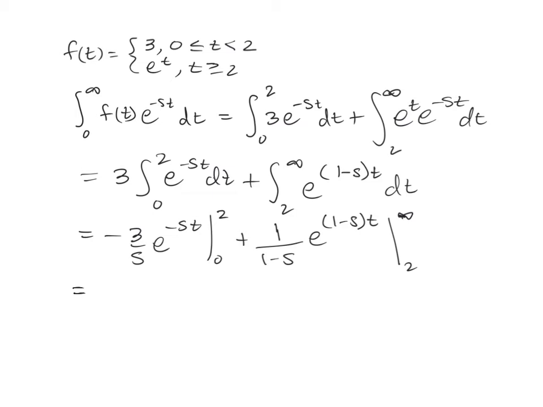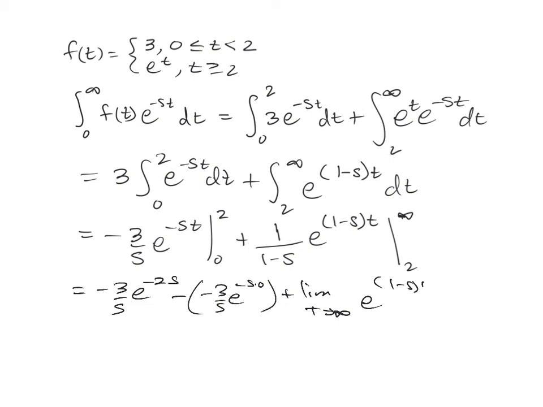So that's going to be negative 3 over s, e to negative 2s, minus negative 3 over s, e to negative s times 0. Back here, this is a limit. Limit as capital T goes to infinity of e to the 1 minus s times capital T divided by 1 minus s. And then minus 1 over 1 minus s e to the 1 minus s times 2.